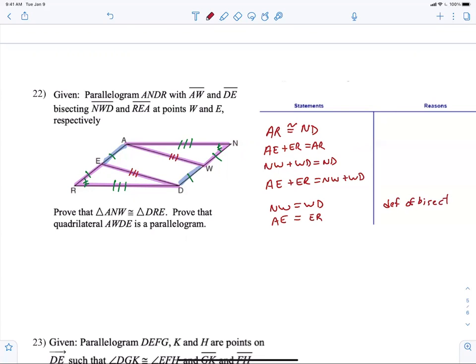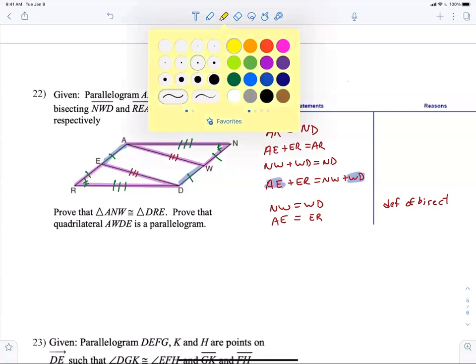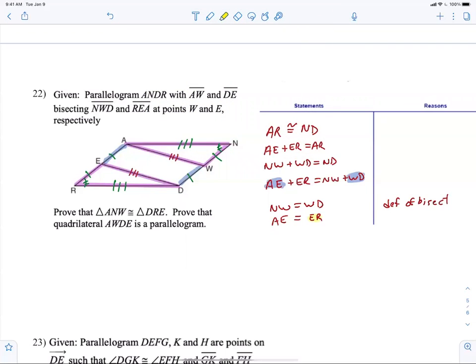Now we're trying to say WD is equal to EA, correct? We're trying to say WD is equal to AE, right? So we're going to replace ER. Look right here. We're going to replace ER with what? AE.